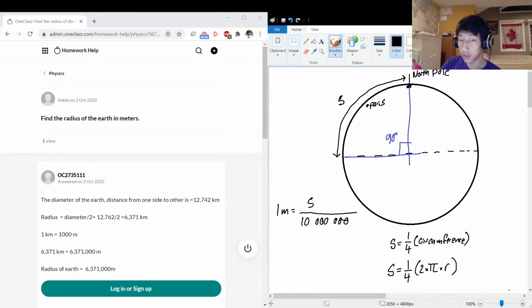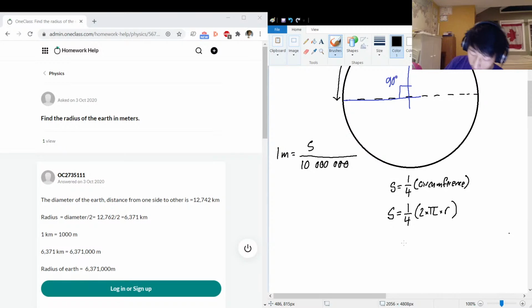Okay, so we can take this equation for S and input it into the S in our original equation. 1 meter is S divided by 10 million.